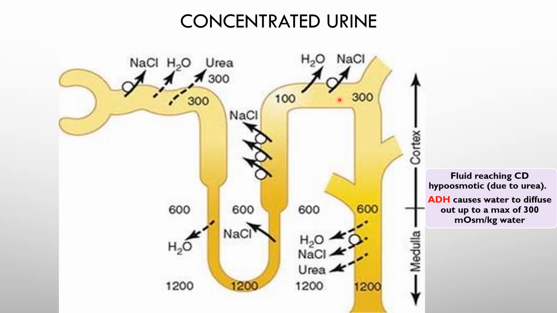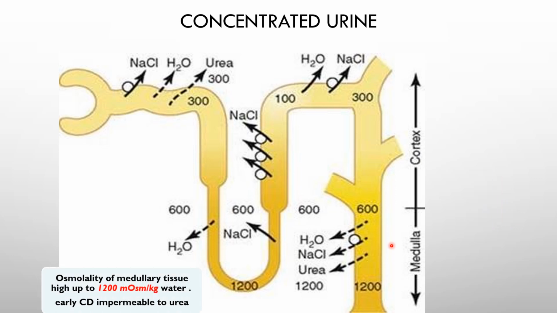Most of the water reabsorbed in the presence of antidiuretic hormone is in the cortical collecting duct. So the osmolarity of the medullary tissue is high, up to 1200 milliosmol per kilogram.